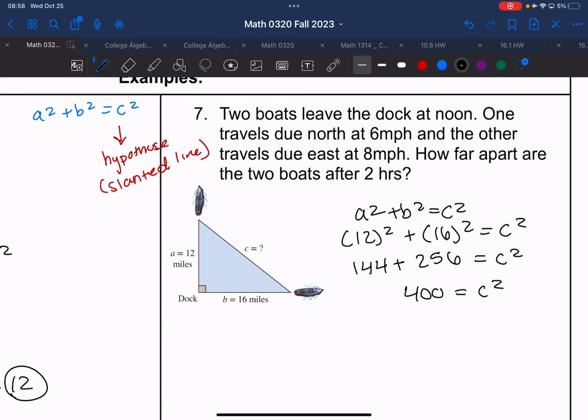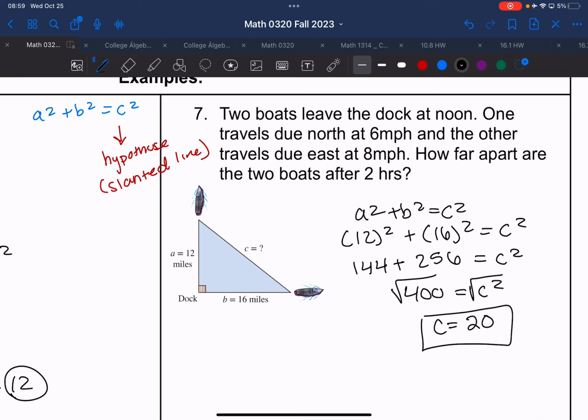squared. How are we going to solve for C? Square root, because that cancels out that square. And what's the square root of 400? 20. Okay.